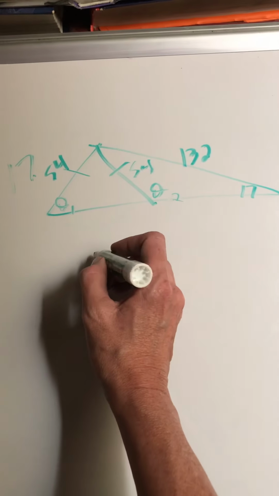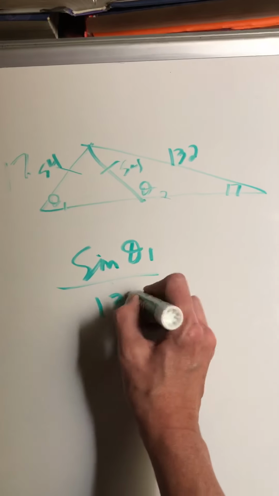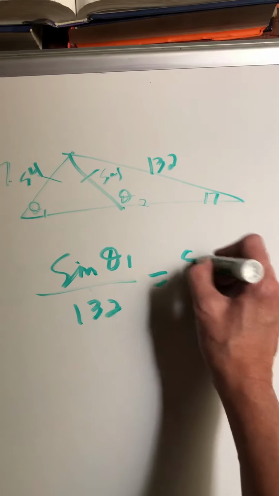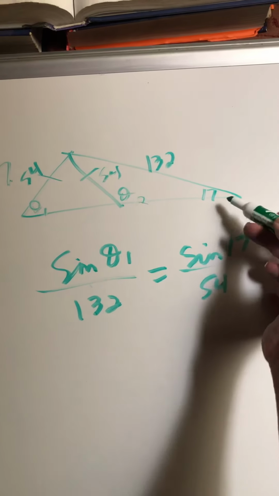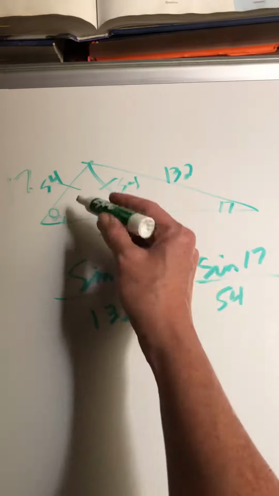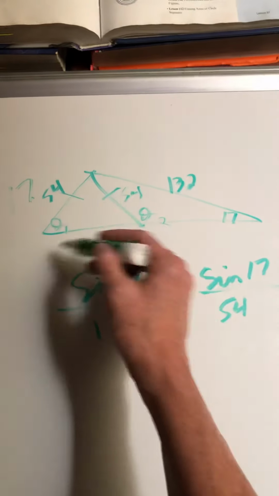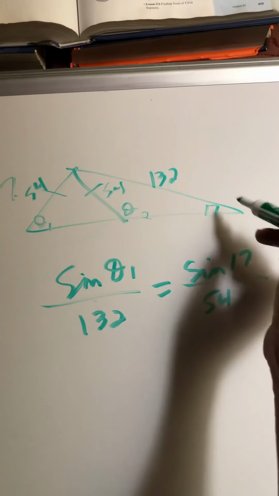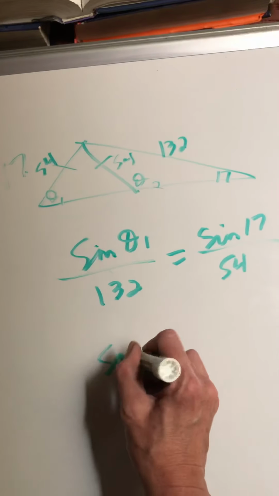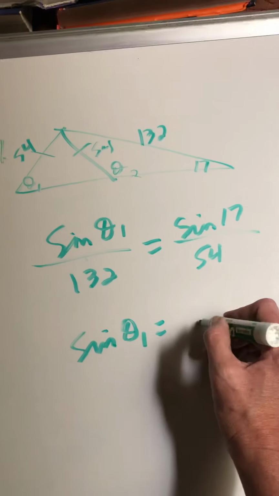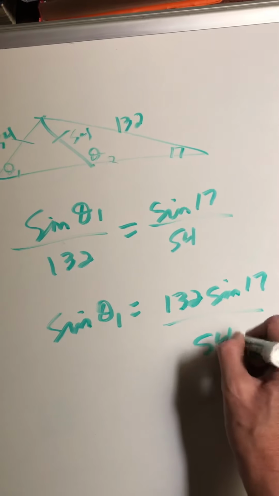So you're going to do law of sines: sine of theta 1 over 132, because that's opposite, equals sine of 17 over 54. I'm looking at the biggest triangle and ignoring the two little triangles. So sine of theta 1 is 132 sine 17 over 54.